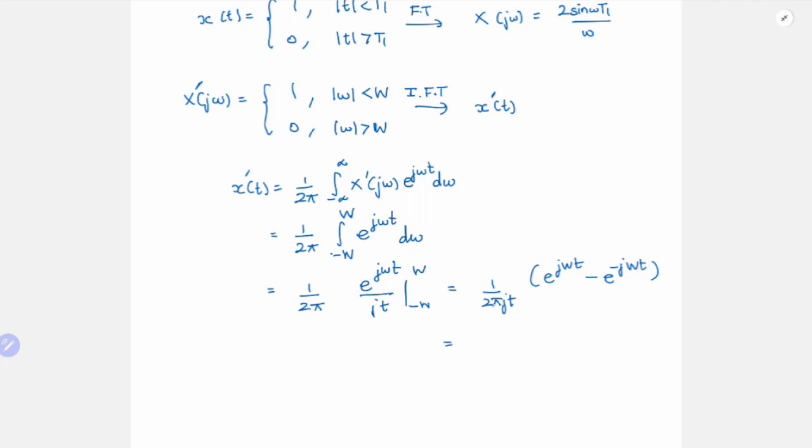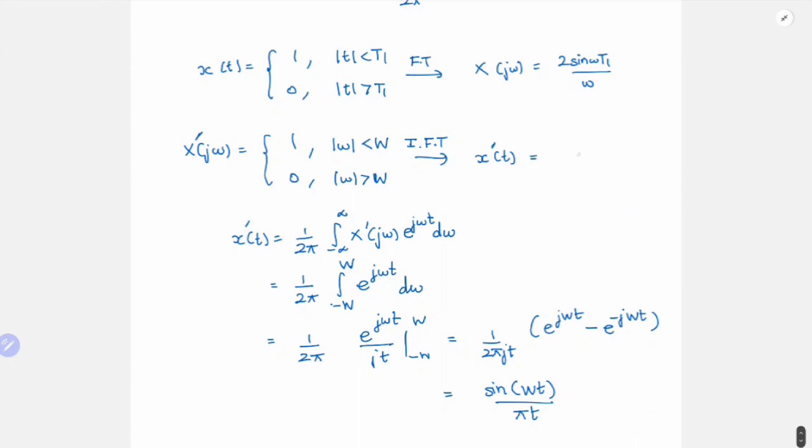And this is going to be 1 by 2πjt times (e^{jWt} minus e^{-jWt}). And this, with the 2j, we know it is sine of Wt by πt. So you can see the relation between these two.